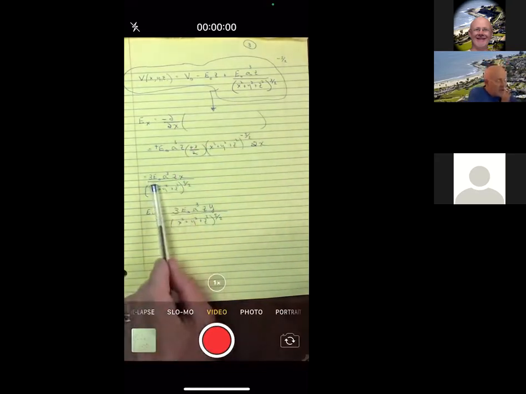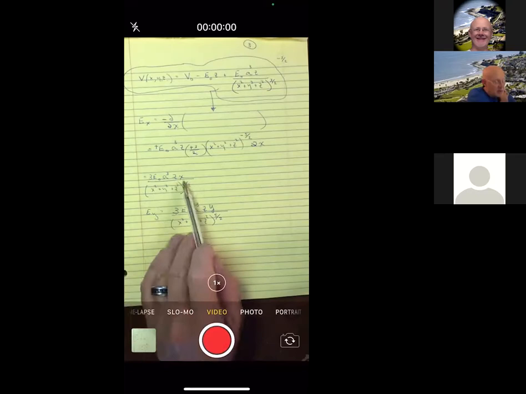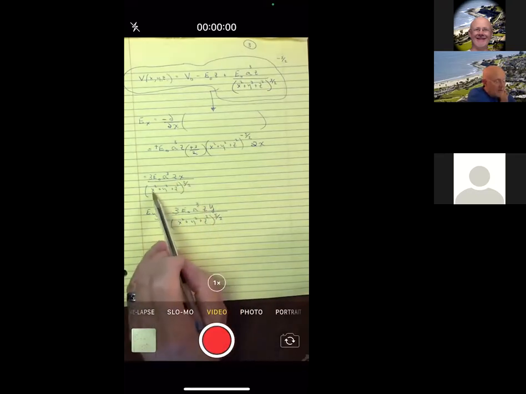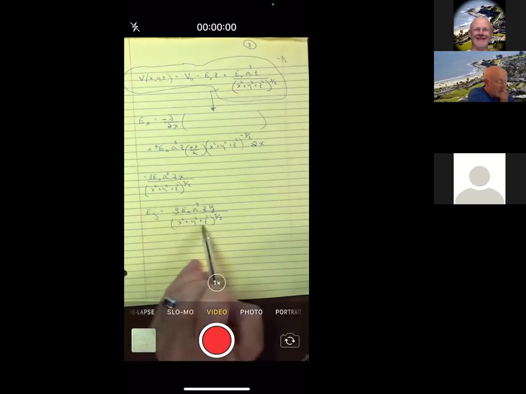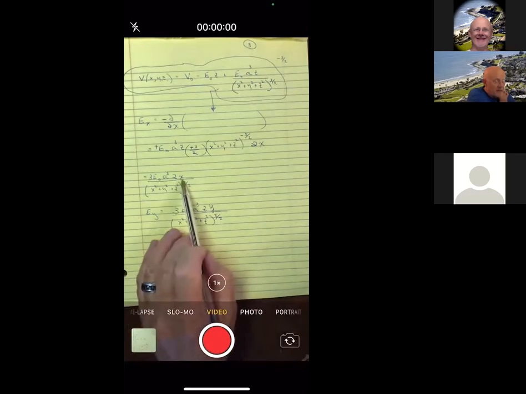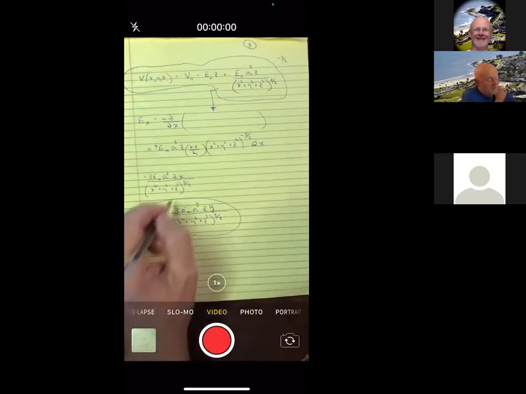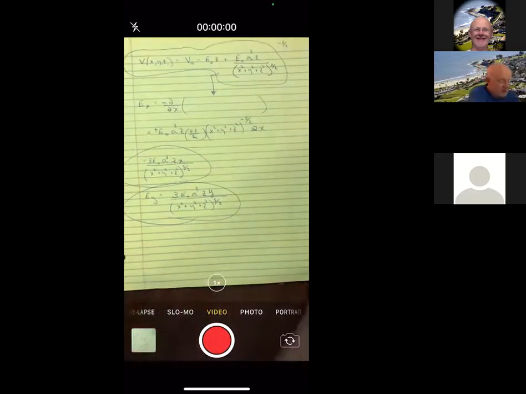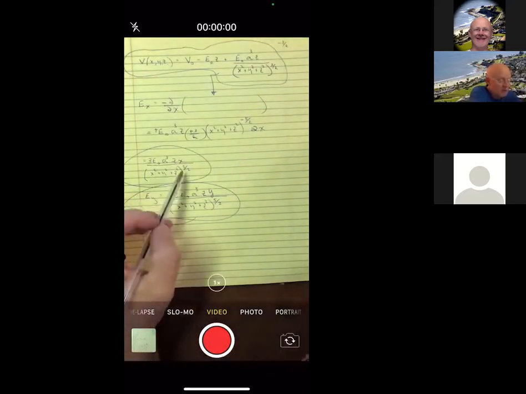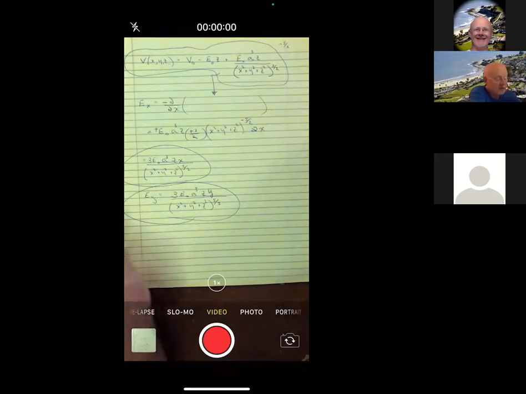So sure enough, if everywhere I see an x it becomes a y, this would become a y squared and this would become an x squared, so the bottom wouldn't change. But in the top, this x becomes a y. So that's probably the easiest way to do that derivative: just replace x with y and y with x.